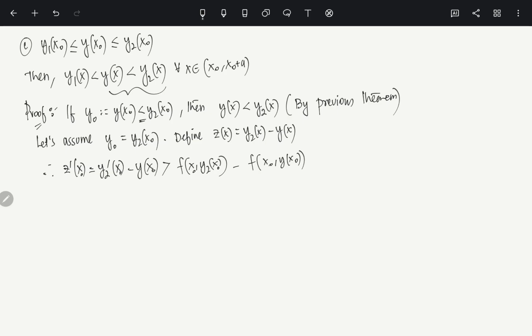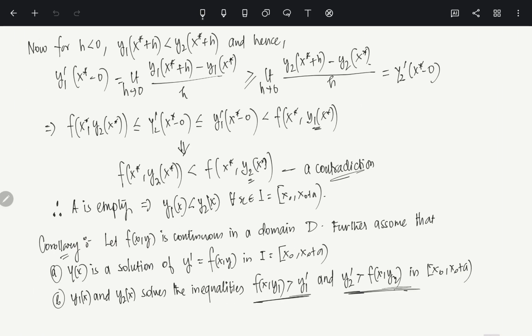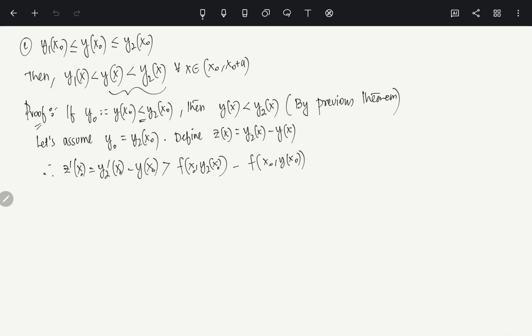This is true because we assumed that y2 prime is strictly greater than f of x, y2, so this is true for all x, and for x naught also it is true. And this is nothing but 0, because I have assumed that y2 at the point x naught is y at the point x naught. So I have z at the point x naught is strictly greater than 0. That is what I am getting.